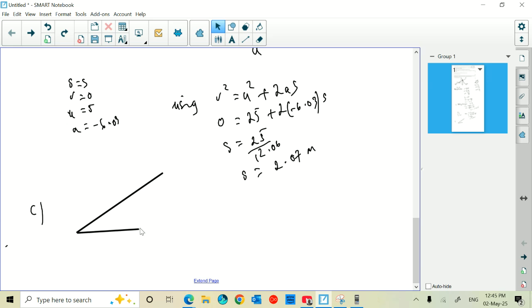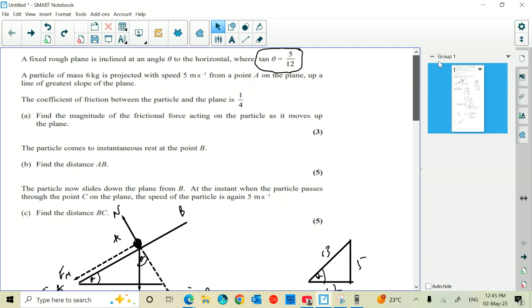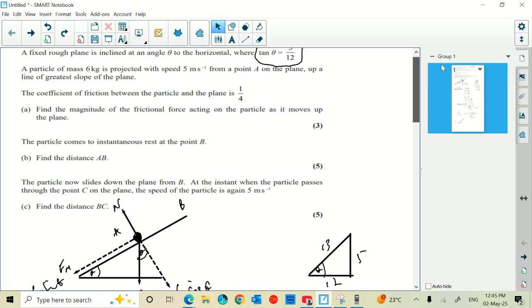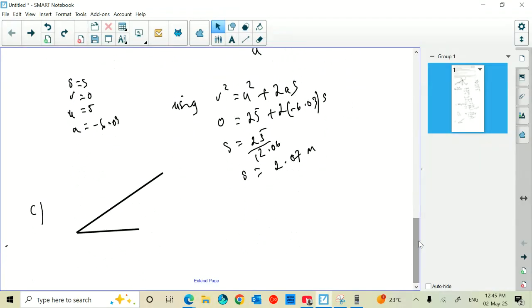Let's have a look again at the question. Part C: the particle now slides down the plane from B at the instant when the particle passes through the point C on the plane. The speed of the particle is again 5 meters per second. Find the distance BC.